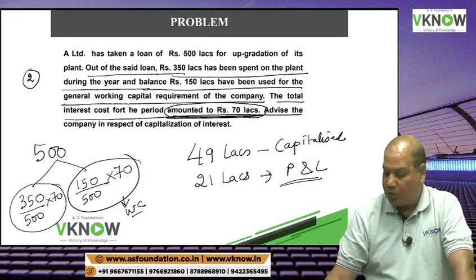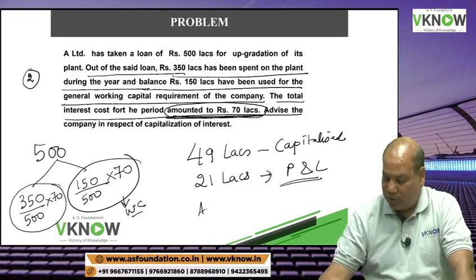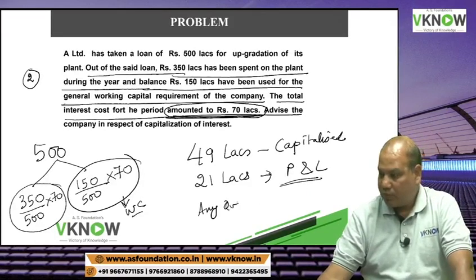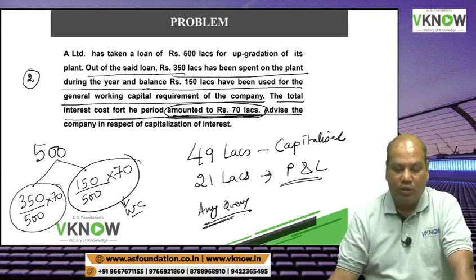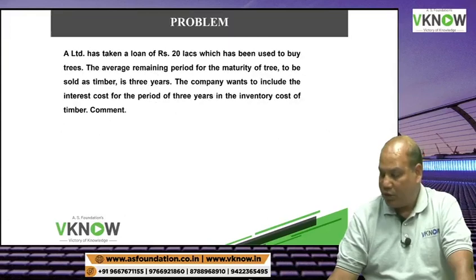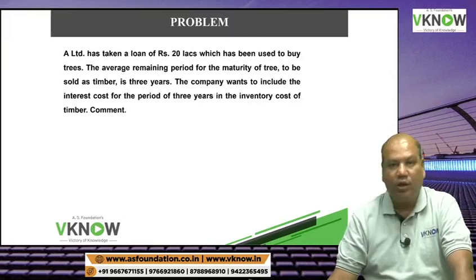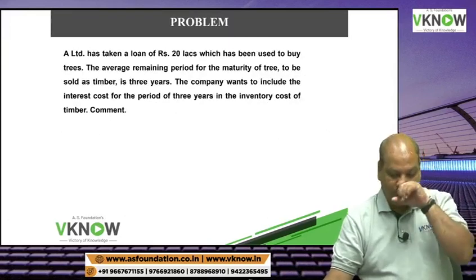Any query? Is this answer right? 49 lakh capitalized, and 21 lakh will be charged to P&L account.